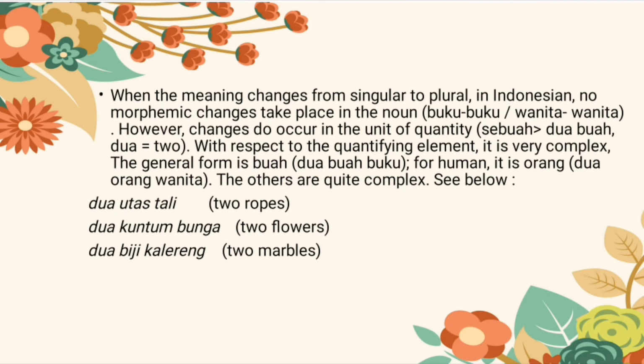With respect to the quantifiable element, it is very complex. The general form is dua buah buku. For human is dua orang, for example dua orang wanita. The order of a quite complex classifiers. For the example is dua utas tali in Indonesian. For the English is two ropes.